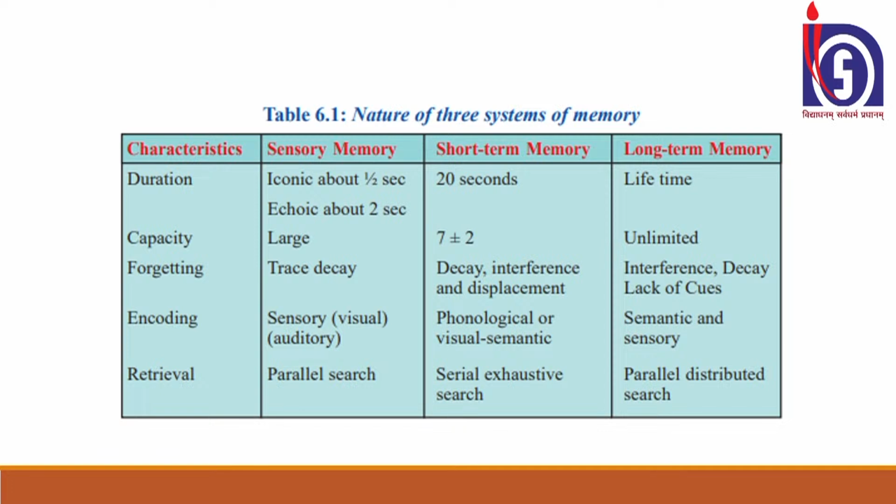Retrieval is basically how you bring that information back into your awareness once you have stored it. In sensory memory, it is through parallel search, in short term memory it is serial exhaustive search, and in long term memory it is through parallel distributed search. We will be discussing this process in the coming slides.